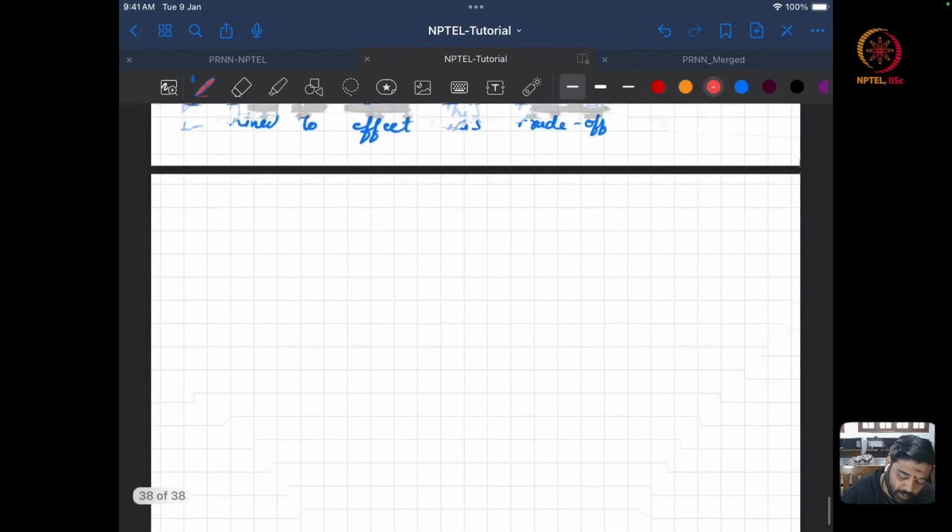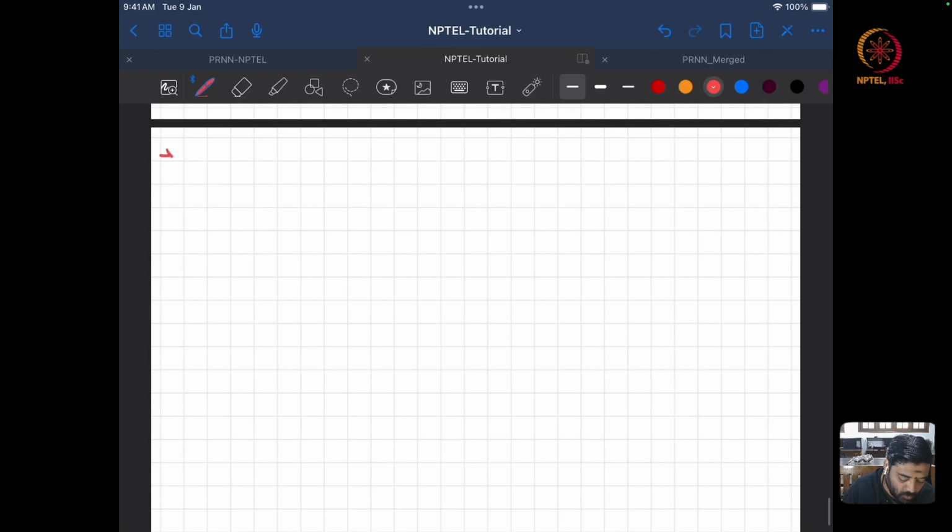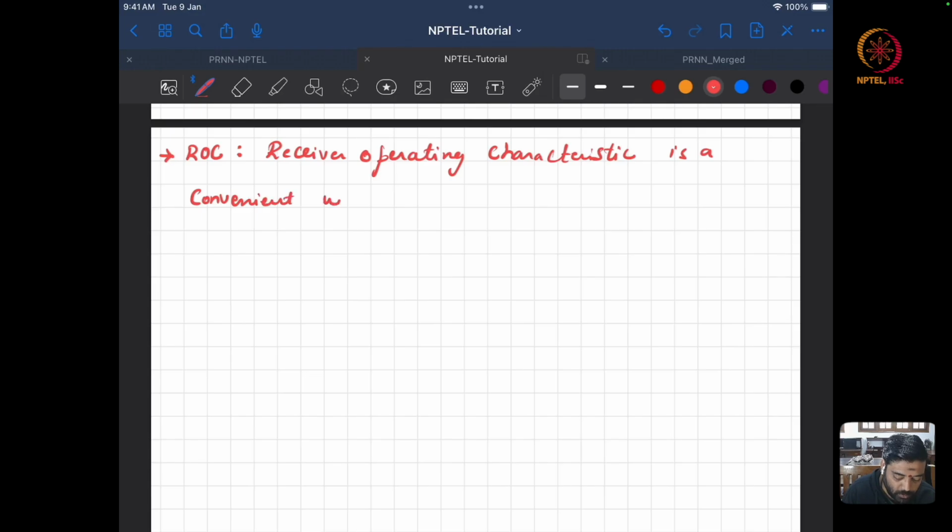And this can be done using what is known as the ROC, the receiver operating characteristic curve. It is a convenient way of looking at this trade-off.